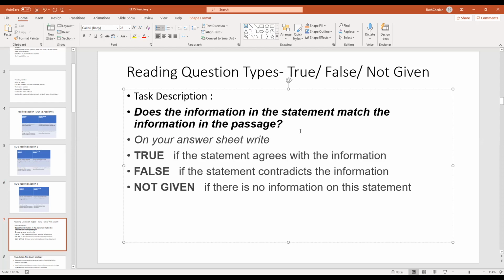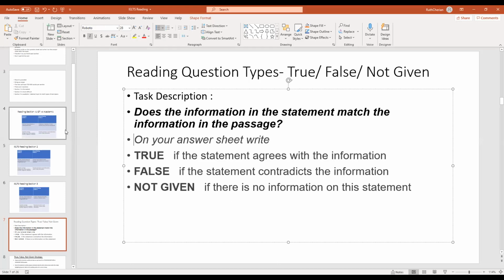That means if it contradicts the passage, or if the information is not given, then you mark it as not given. Are you able to understand me? So after the reading passage, this type of question will ask you if the statement is agreeing with the passage. Did you understand me or no? Yes, clear. Are you guys able to understand me?